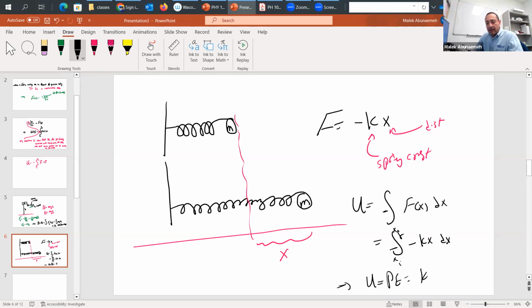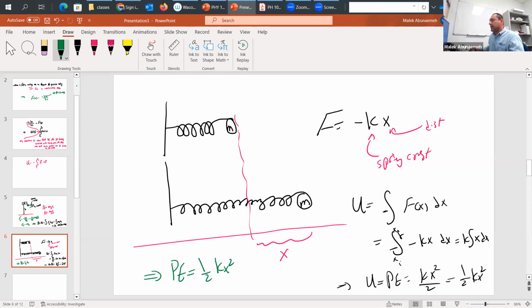K comes out, you've got x, so this becomes k x dx, which would be x squared over 2, which equals 1/2 kx squared. So in this case, our potential energy is 1/2 kx squared. And again, your force is minus kx. Your negative is your direction, because you're going in the opposite side. That's the restoring force.